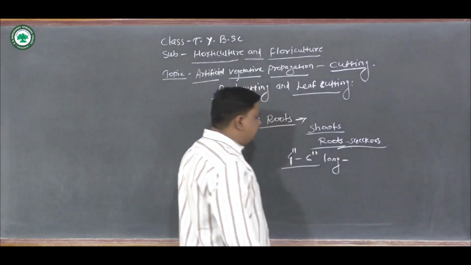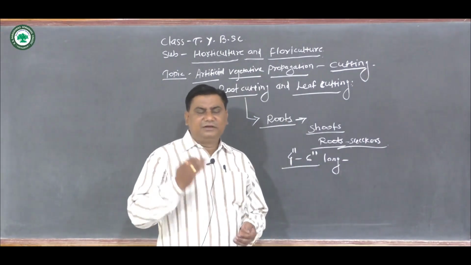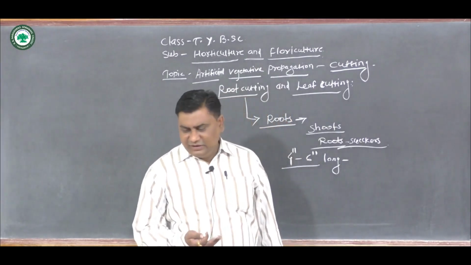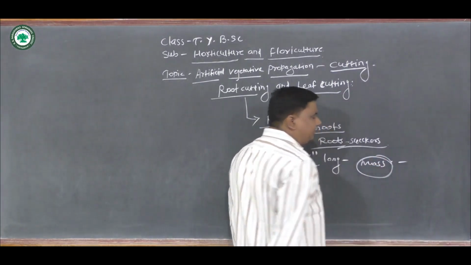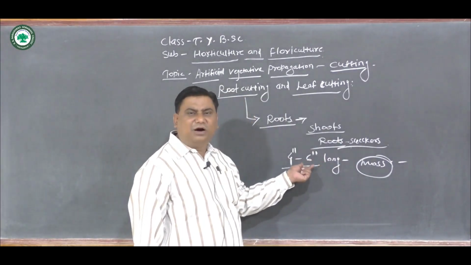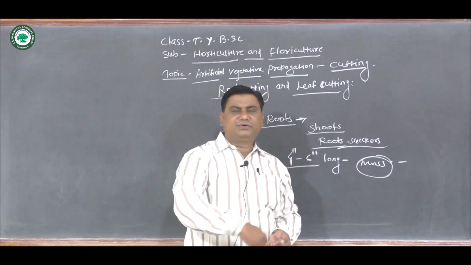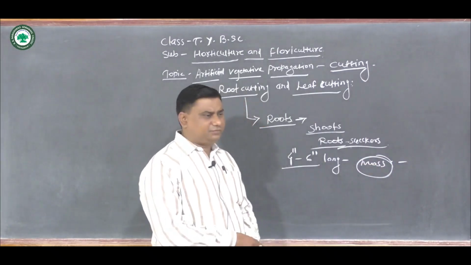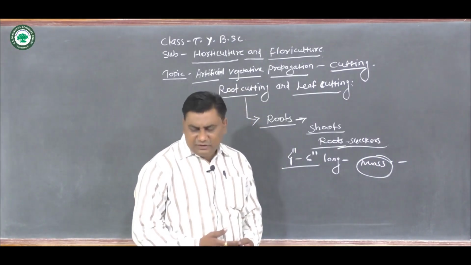The roots are cut into 4 to 6 inch long pieces and planted horizontally in sand or soil, or sometimes in moss. In due course of time, roots as well as shoots are formed.